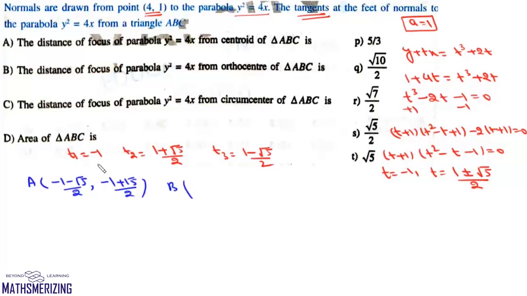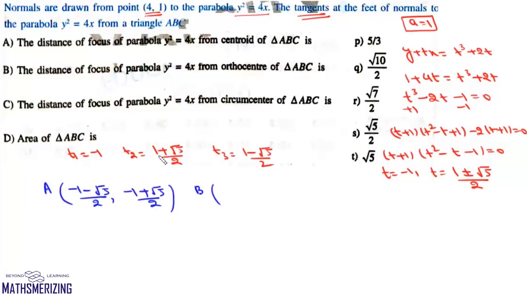Now B will be for t2 and t3: t2 t3 is (1 minus 5) upon 4, which is minus 1, and then t2 plus t3, so it will be (minus 1, 1). And C will be for t1 and t3. So it will be (minus 1 plus root 5) upon 2, and then t1 plus t3, which is (minus 1 minus root 5) by 2.